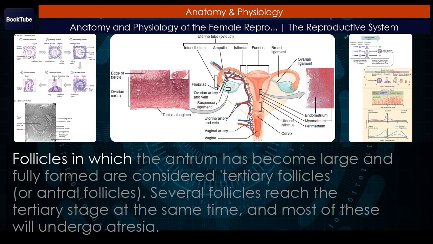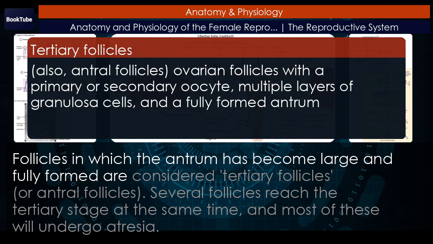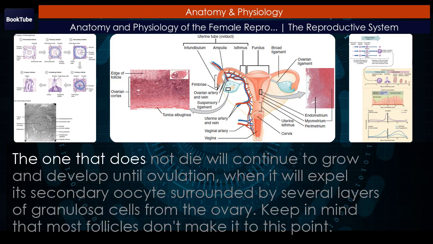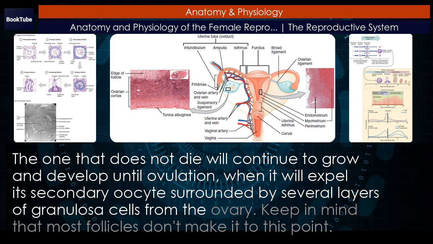Follicles in which the antrum has become large and fully formed are considered tertiary follicles, or antral follicles. Several follicles reach the tertiary stage at the same time, and most of these will undergo atresia. The one that does not die will continue to grow and develop until ovulation, when it will expel its secondary oocyte surrounded by several layers of granulosa cells from the ovary.